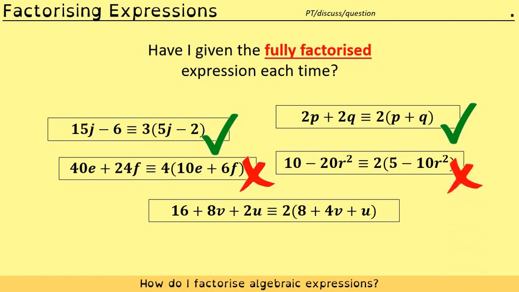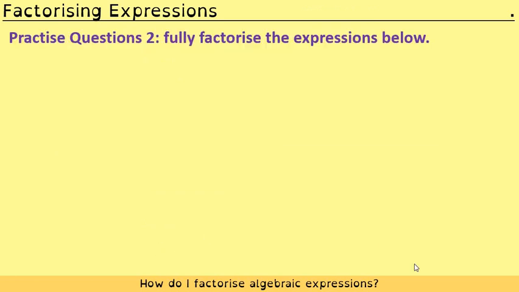The next one is not fully factorised either, because I've taken out a factor of 2 from 10 and 20r squared. But there is a greater factor that we can take out of 10 and 20. You might know what that is. And this last one is fully factorised because the greatest factor of 16, 8v and 2u is 2. There is no greater number we could have taken out from all of those terms.